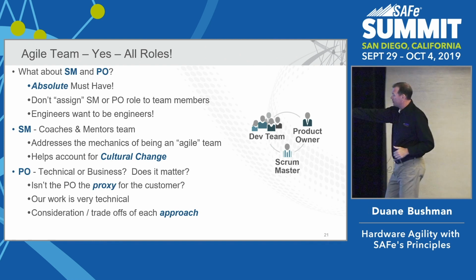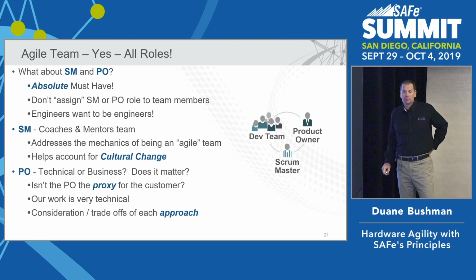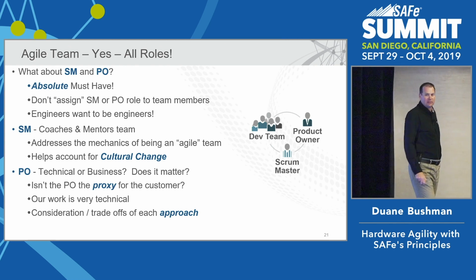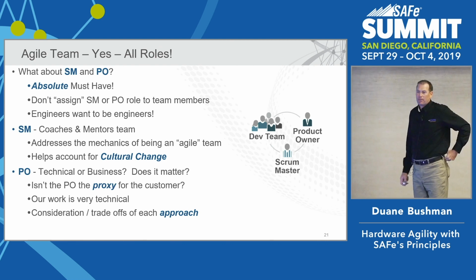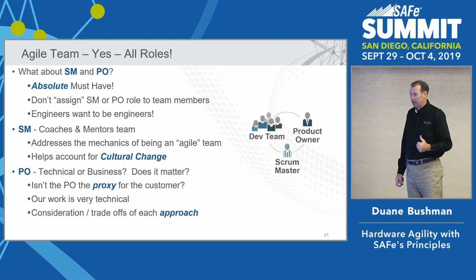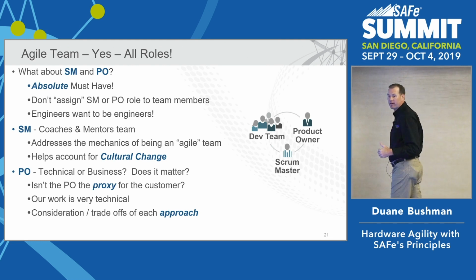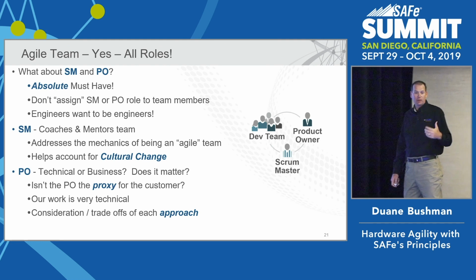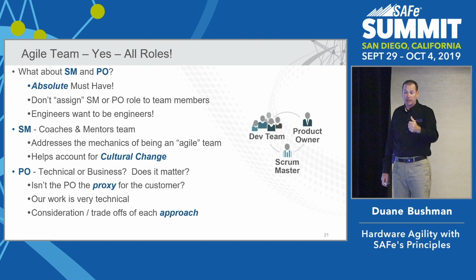And then the product owner, I put technical or business, doesn't matter. What do you guys think? Is there a difference? Think about who our customer is, especially in some of the engineering ranks, who's consuming the work. We do have highly technical product ownership. And they can be extremely effective in our backlog management and how our teams run, because they're the proxy for the customer.